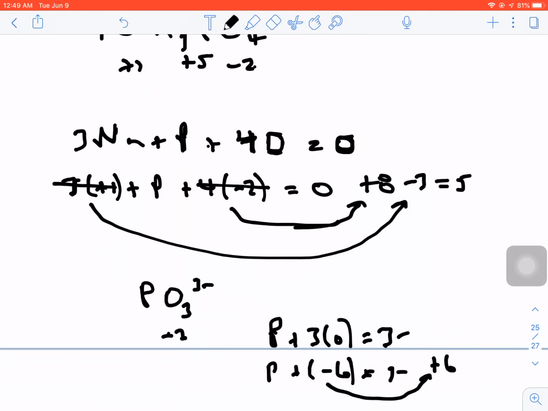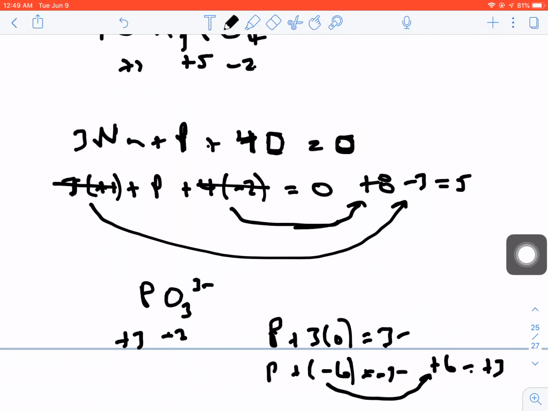Plus 6 and minus 3 equals plus 3. So phosphorus here becomes plus 3. Now, if I want to just double check here, there's 3 oxygens and they're all minus 2, so that's minus 6. And I have 3 pluses. So 6 minuses and 3 pluses, I have 3 extra minuses. There we go, 3 minus.